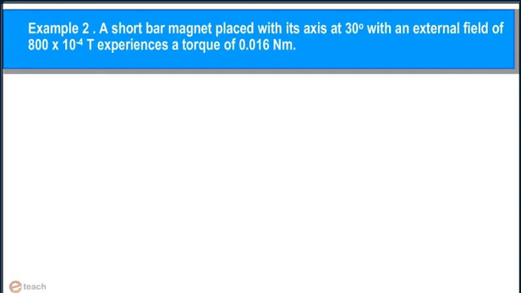Example 2. A short bar magnet placed with its axis at 30 degree with an external field of 800 into 10 to the power minus 4 Tesla experiences a torque of 0.016 Newton meter. Then question A. What is the magnetic moment of the magnet?